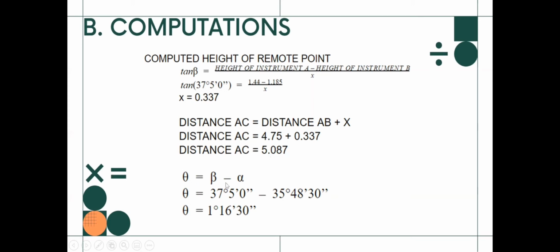Now to find theta, in this scenario, it would be beta minus alpha. So 37 degrees, 5 minutes, minus 35 degrees, 48 minutes, and 30 seconds. So the value of theta is 1 degree, 16 minutes, and 30 seconds.